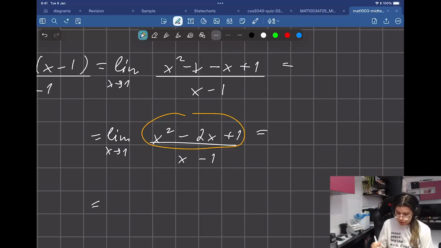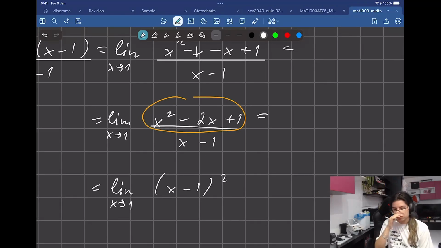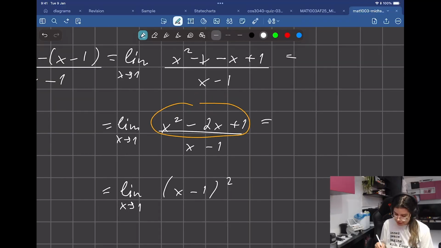I'm not going to spend too much time explaining the quadratic because I already explained the logic behind it in the previous video. So this is actually exactly x minus 1 squared, okay? This is just a formula, but you could also find the roots through the method that I showed you in the previous video. So that's x minus 1 squared over x minus 1.